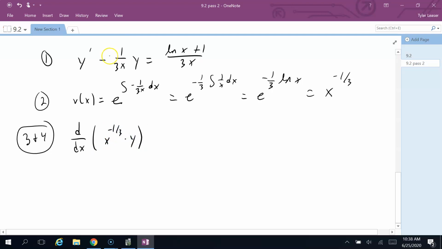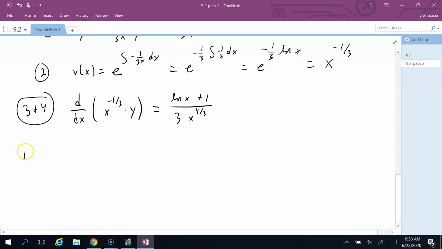So there's no point in even multiplying it onto the left-hand side because you're just going to rewrite it like this anyway. You are, however, going to have to multiply that onto the right-hand side. Multiplying x to the negative 1/3 onto the right-hand side, I'm just going to leave this numerator alone and multiply it onto the x in the bottom. Now it's going to be an x to the 4/3 instead.